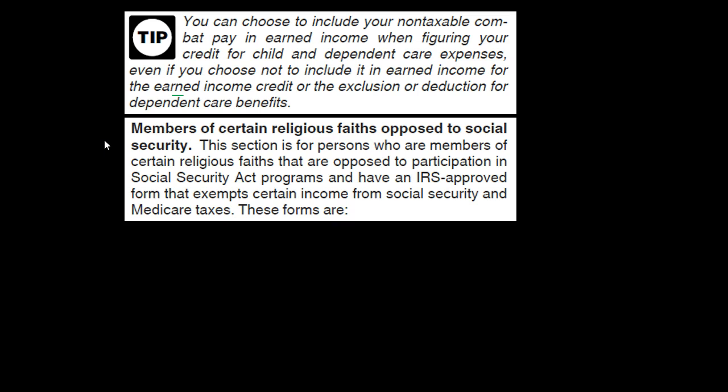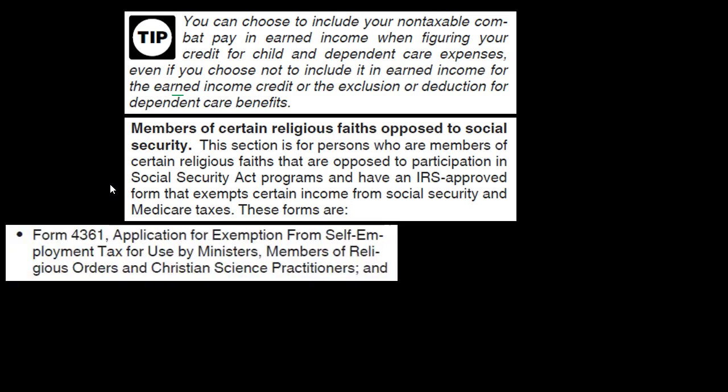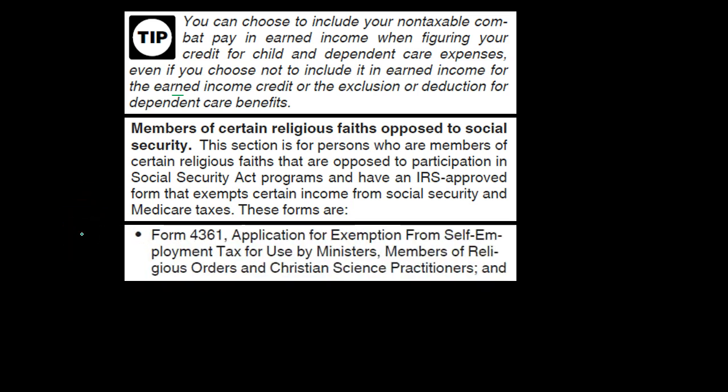This section is for persons who are members of certain religious faiths that are opposed to participation in Social Security Act programs and have an IRS-approved form that exempts certain income from Social Security and Medicare taxes. These forms include Form 4361, Application for Exemption from Self-Employment Tax for use by ministers, members of religious orders, and Christian Science practitioners.